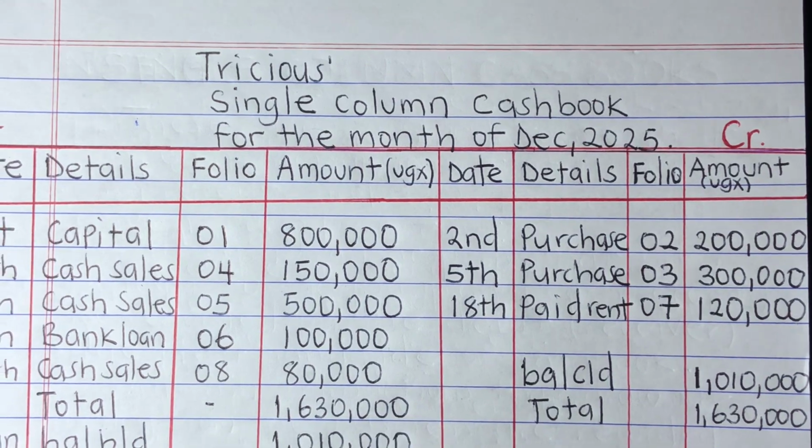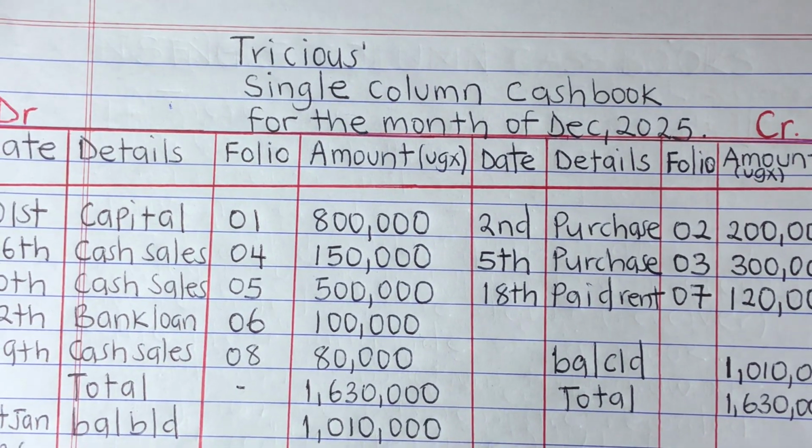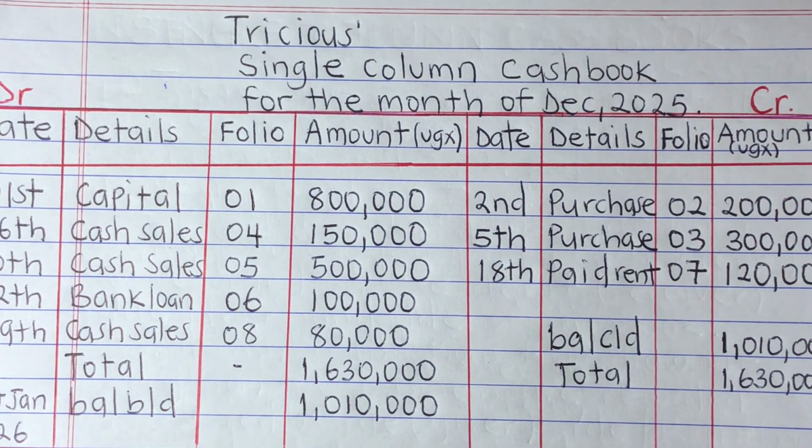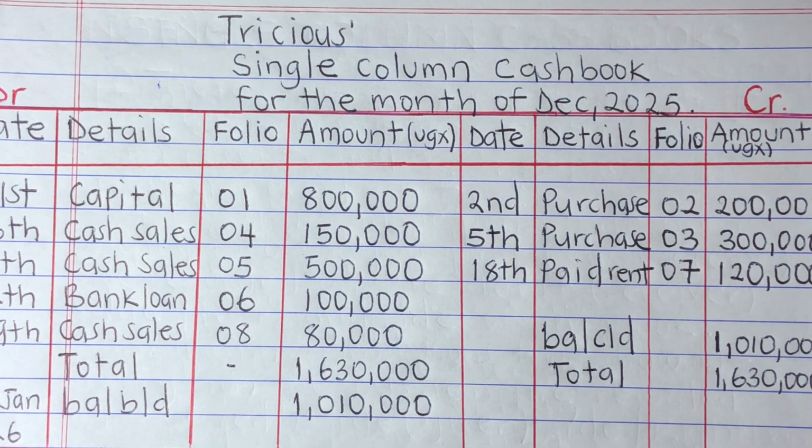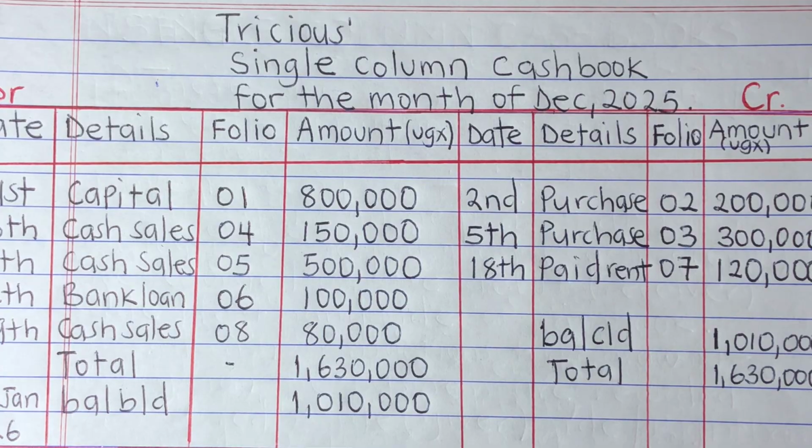This is our worked out example on the preparation of a single column cash book. Remember, we said that when preparing any account or any financial statement, we always write the title on 3 lines.